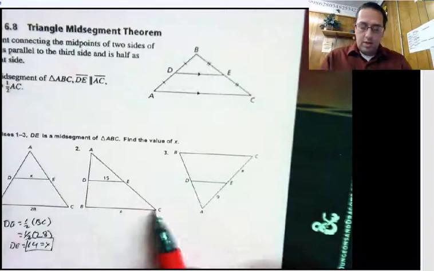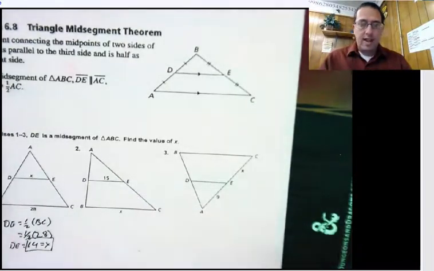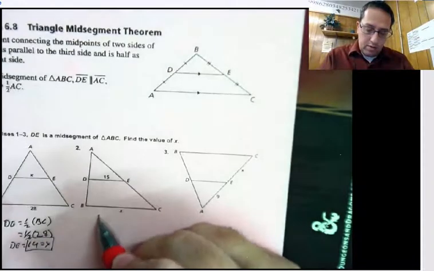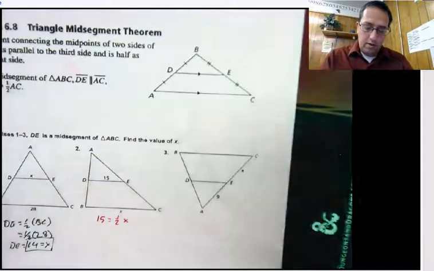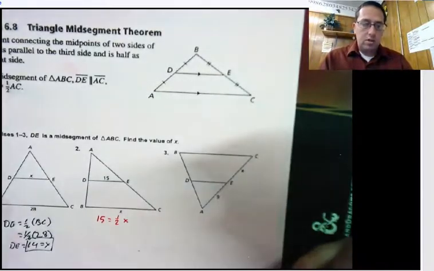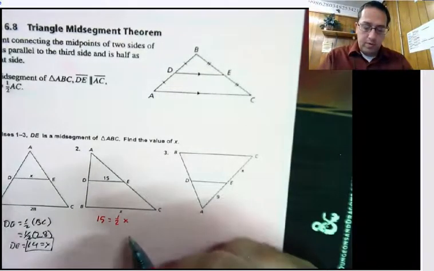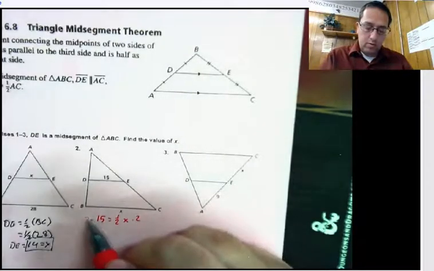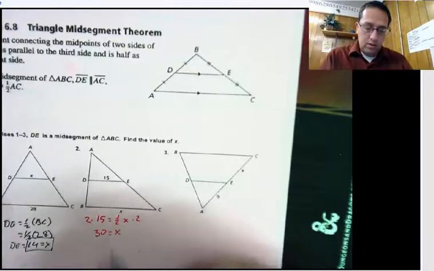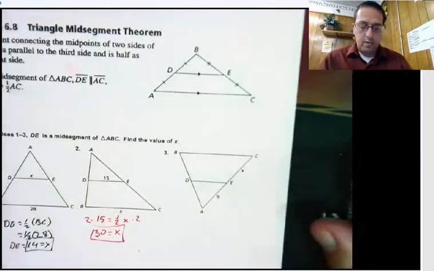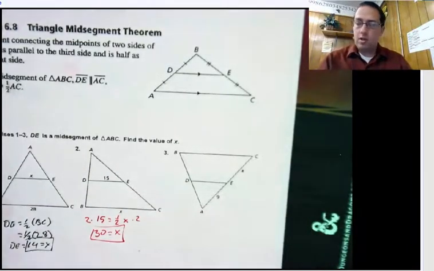It is not touching BC, so that means DE is half the length of BC. So 15 equals 1/2 of x. We just solve for x, multiply both sides by 2, and 30 equals x. Just like that. Not too bad.